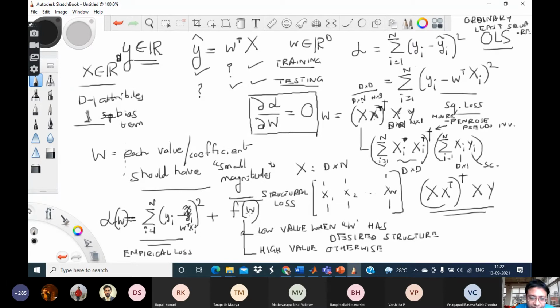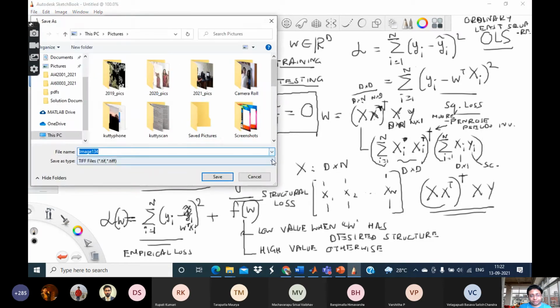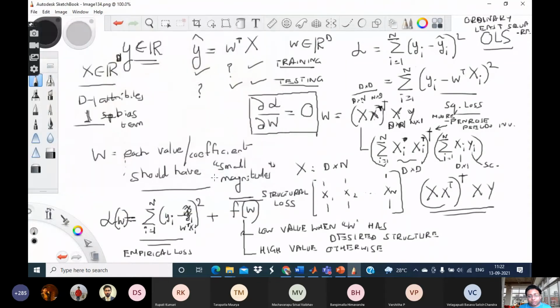So now the question is, what kind of function is this f? I have already specified a criterion for f. It should have a low value when W has the desired structure, and a high value when it does not. Of course that depends on what that desired structure is. Clearly it cannot be that for different types of structures we use the same function.